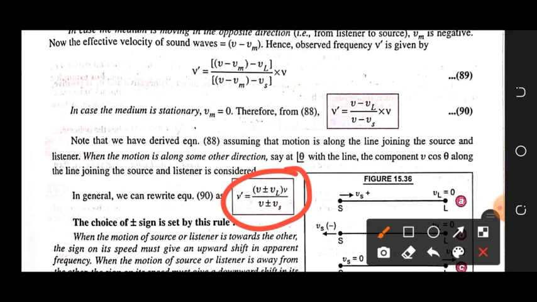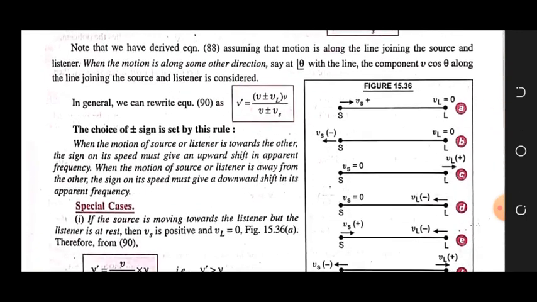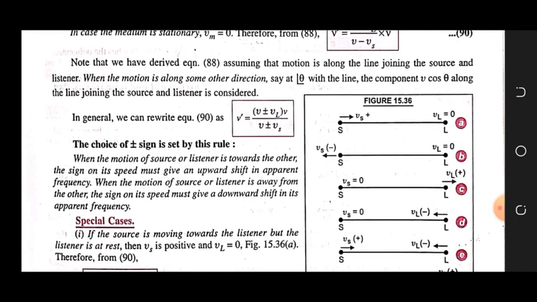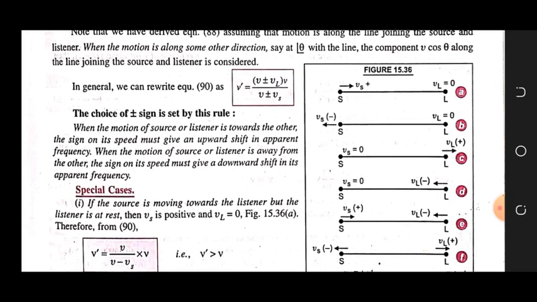If it moves opposite to the source, it will be taken as negative, but in the direction of the source it will be taken as positive. Now some special cases for equation 90, which I circled before, in general. The choice of plus-minus sign is set by this rule.